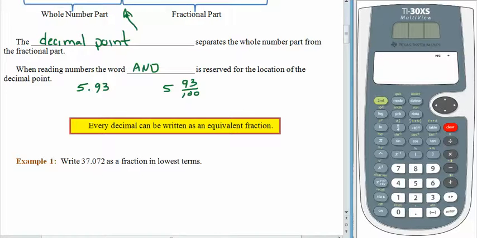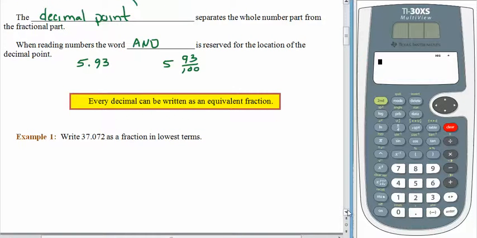Okay, so one of our big deals today is that every decimal can be written as an equivalent fraction. Let's start with this one here. The key to writing a decimal as an equivalent fraction is to read it out loud properly. So this decimal is 37 and 72, and then we need to find this place value right here under the 2.